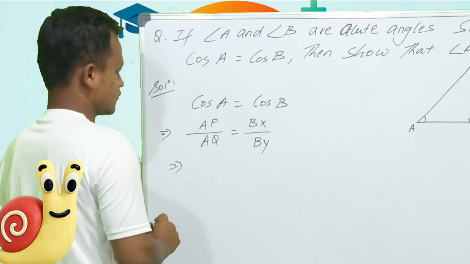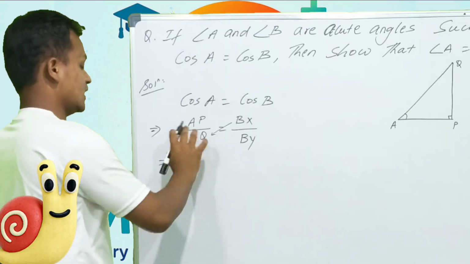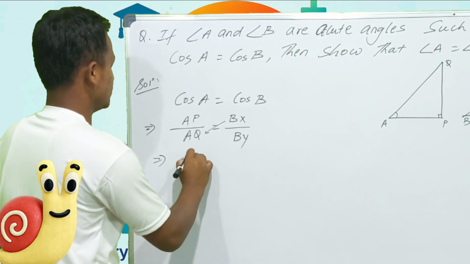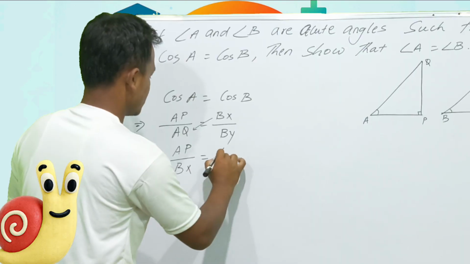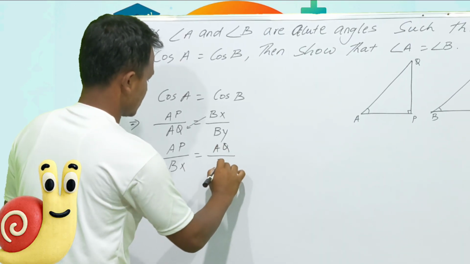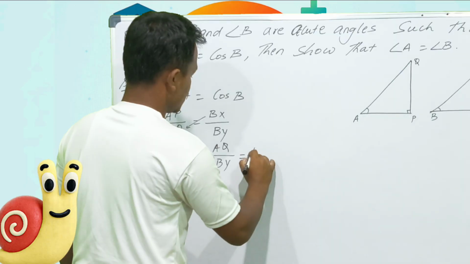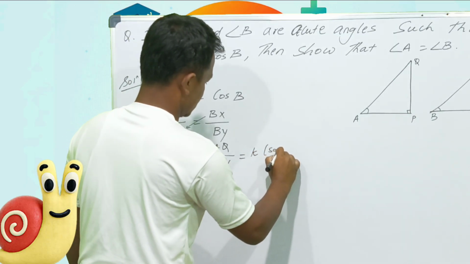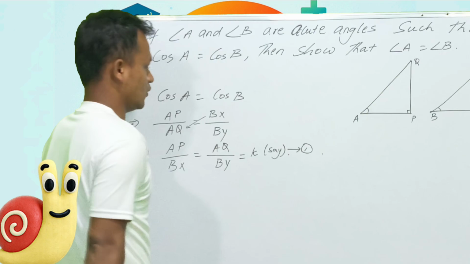So here let us cross multiply. This BX you multiply towards the left and AQ towards the right. So what will you get? You will get AP by BX is equal to AQ by BY. And let's say that this ratio is equal to some constant value K. Let's call this equation 1.